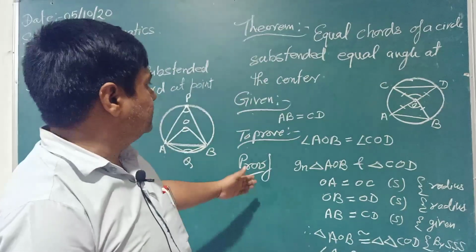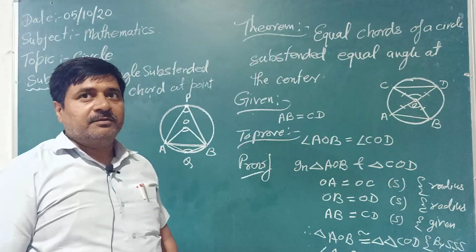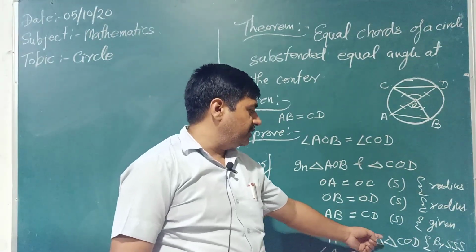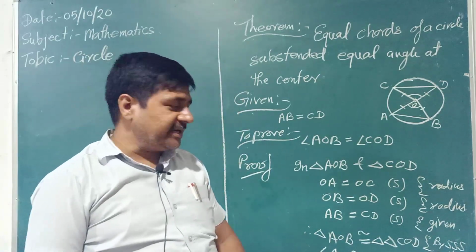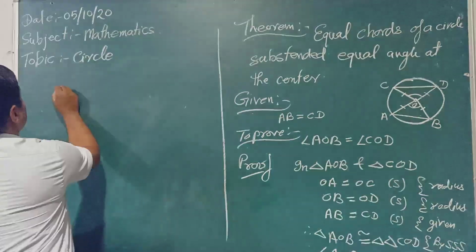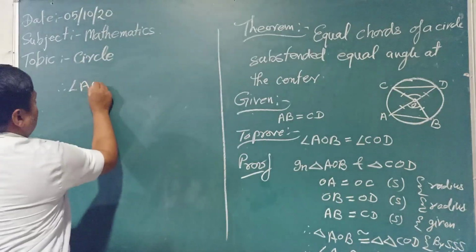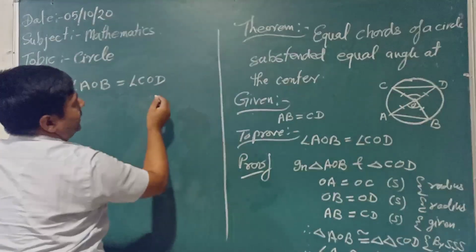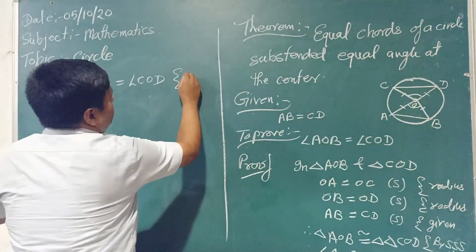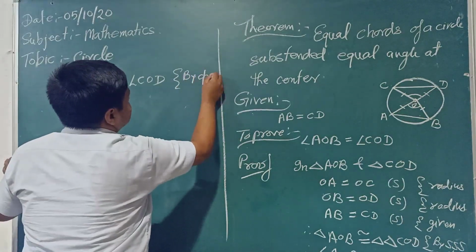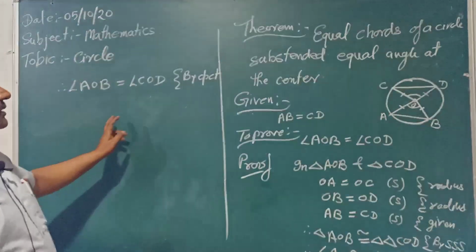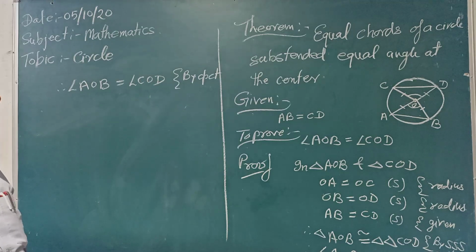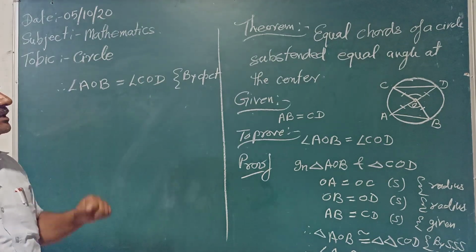Okay, so now this theorem is proved. Triangle AOB is congruent to triangle COD by SSS criteria. Therefore angle AOB is equal to angle COD. Why? By CPCT. By CPCT this angle is equal to this angle. So now your proof is complete.